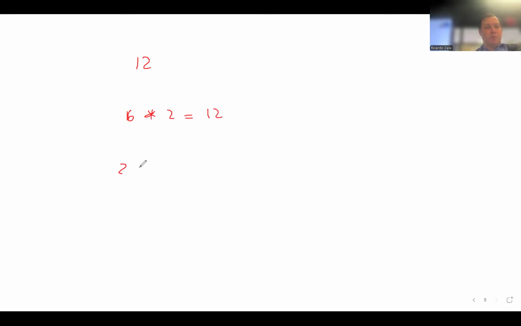Prime factors of 12 would be 2 times 2 times 3, right? So 2 and 3 are prime factors of 12, essentially. This is not how you would do it, but the idea is that you can start thinking about how an algorithm would solve for this.